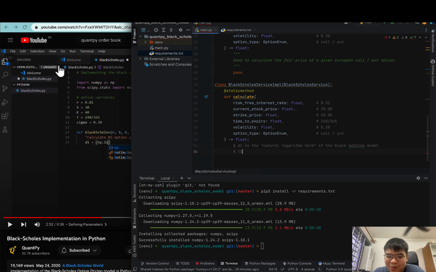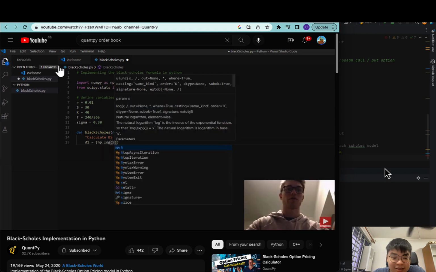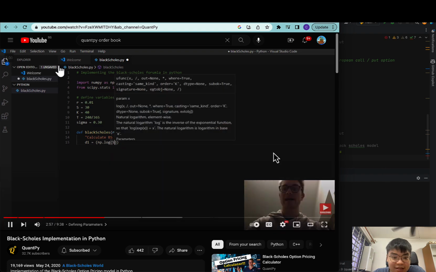It's such a terrible name. Understand what exactly this term means. So yes, we do have a formula, but in a human readable way, like what does this mean? So np.log of S over K.